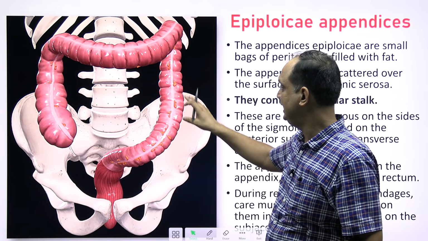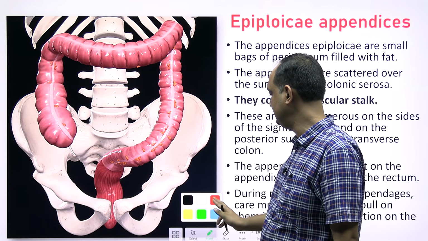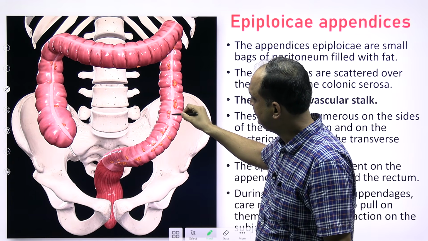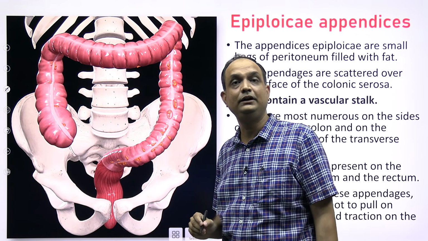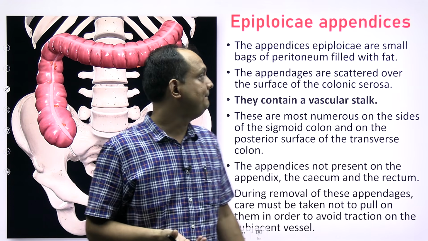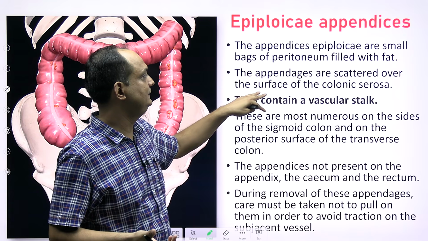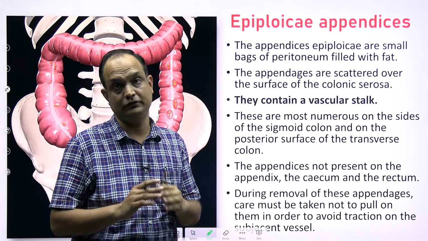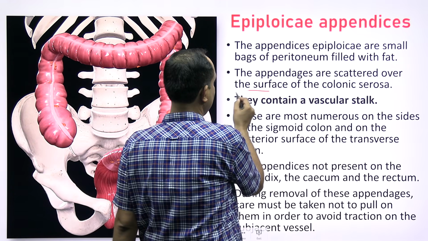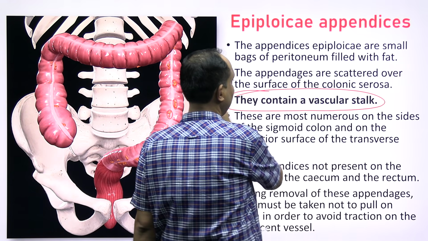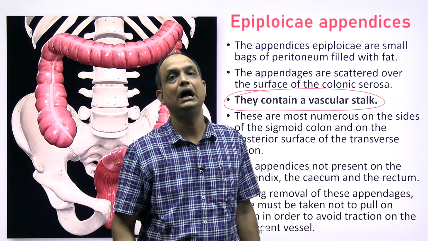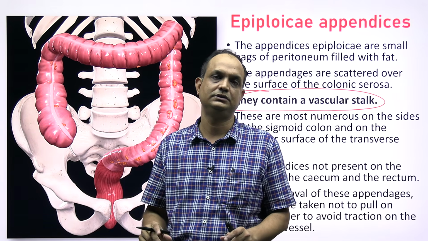Here you can see that in the gross appearance of the large intestine, you will find small pouches, and these are pouches of peritoneum which are filled with fat. Clear? These appendages are scattered over the surface of the colonic serosa, that means on the outer side. Now this is very important: Appendices epiploicae, which are the fat-containing pouches, are not a vascular structure.